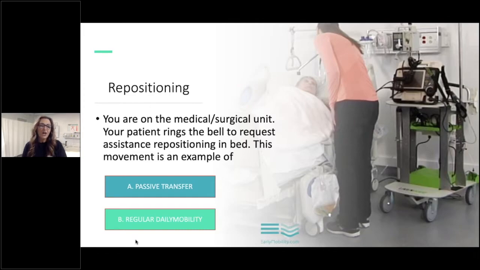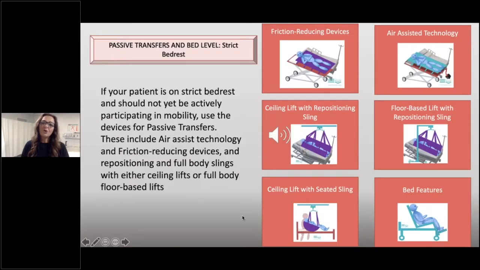Once you've watched the early mobility video, you'll see examples of this in the module on early and progressive mobility. So if your patient is on strict bed rest, they should not be actively moving unless the medical care team has specifically given them permission to do so.